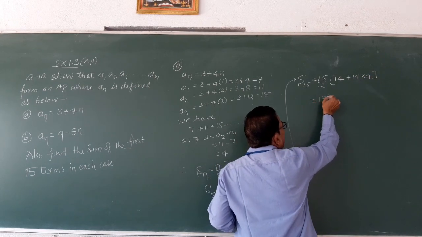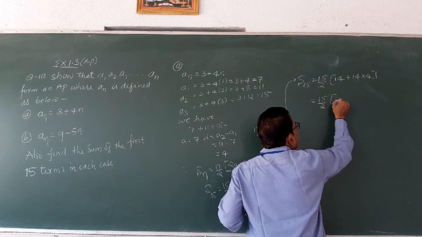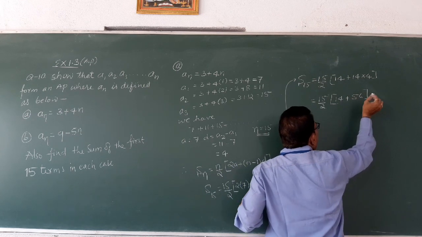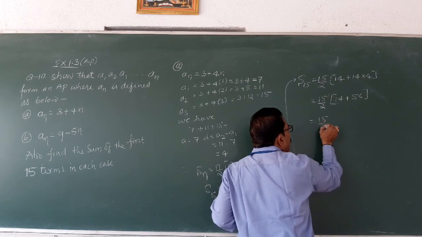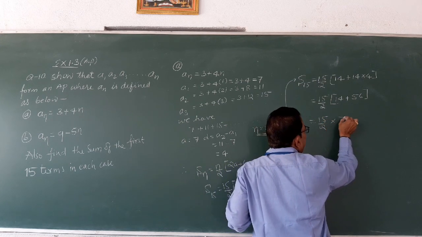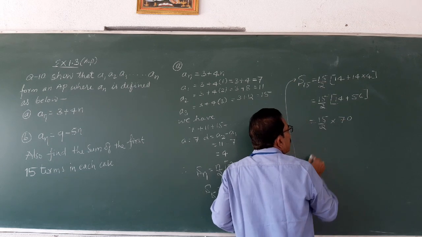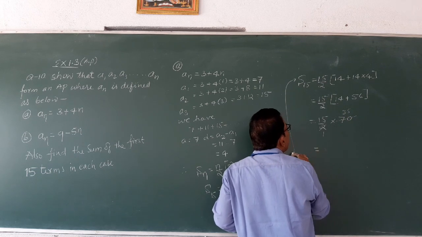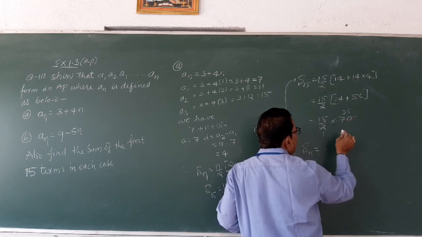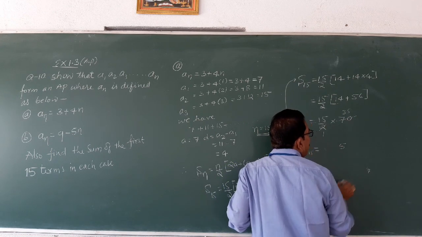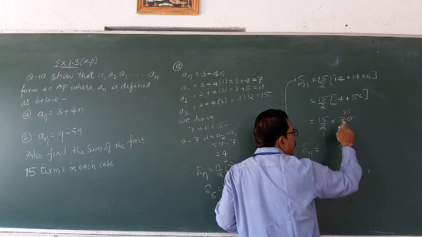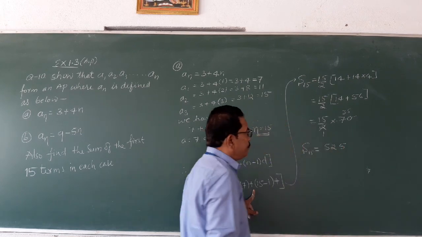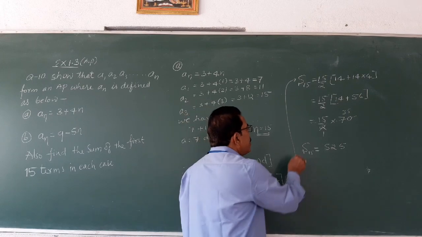So 15 by 2 in the big bracket, 14 plus 56, then 15 by 2 into 70, 2 into 35. So S15 equals 15 times 35: 15 5s are 75, carry 7, 15 3s are 45 plus 7. S15 equals 525.